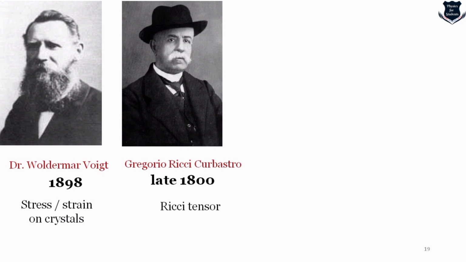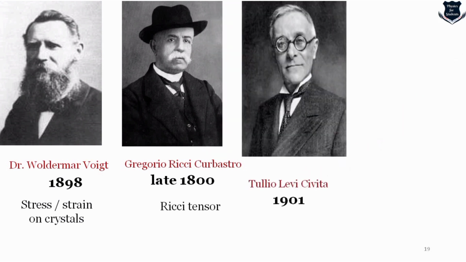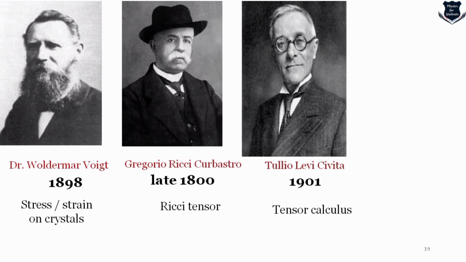This is the Ricci tensor, and in 1901 Tullio Levi-Civita introduced tensor calculus, which is very important and crucial in understanding Einstein's work on general relativity. So overall, this is a chronology of the physicists and mathematicians, and how the term tensor started developing.